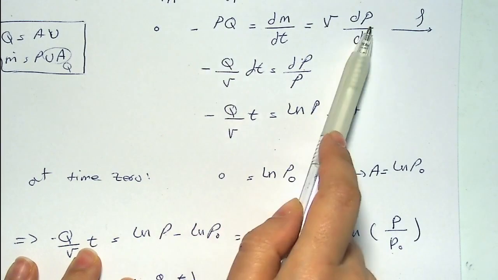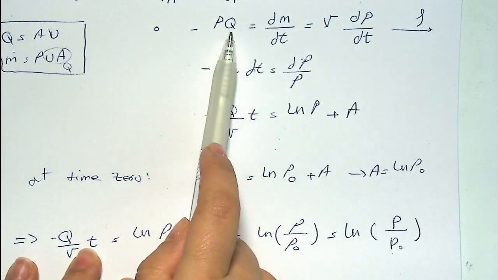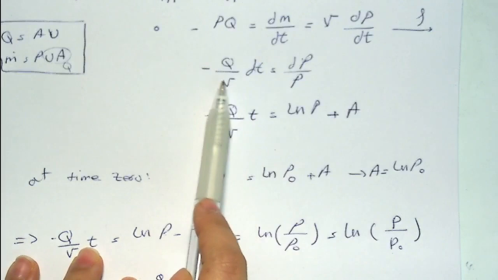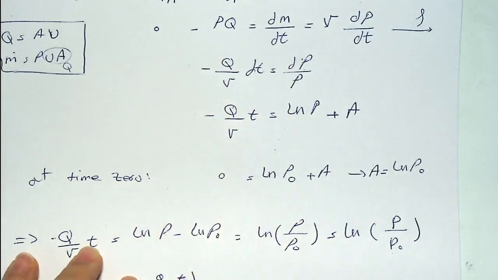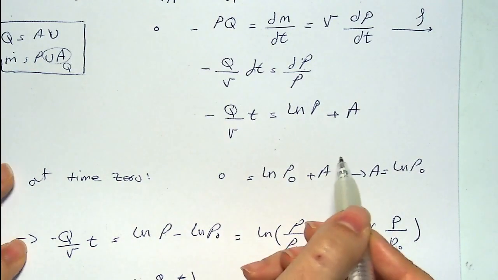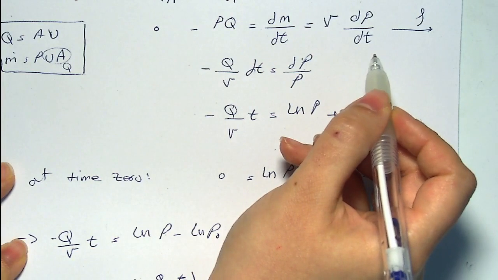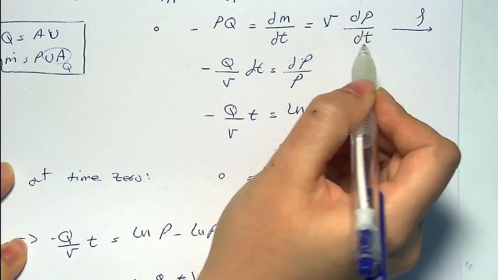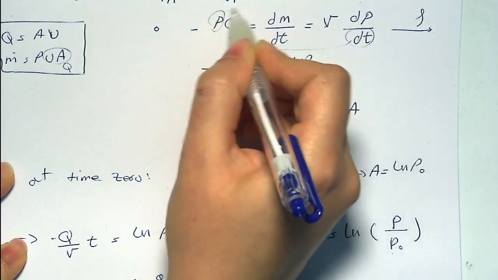Rho comes to this side, and then I would put everything else on the other side to make the integration easier. So minus q over v dt would be equal to d rho over rho. Basically you're bringing this t to this side and then bringing this rho to this side.